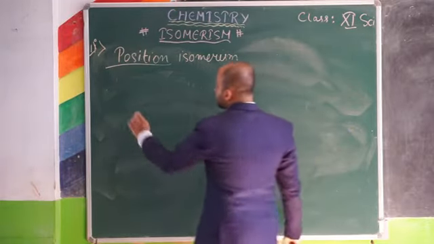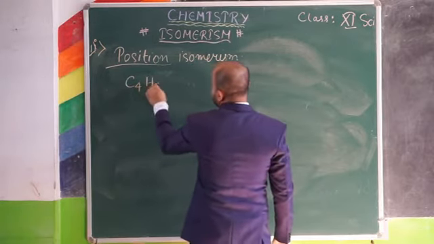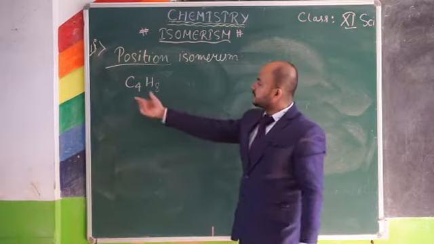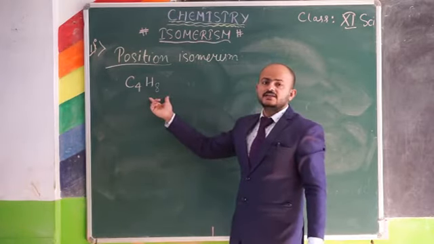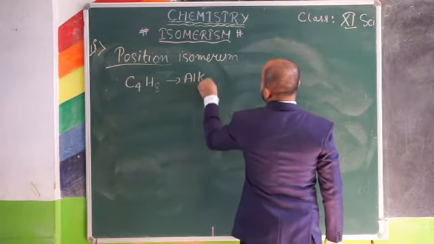So let's take an example. Let's consider the molecular formula C4H8. Now C4H8 is what? C4H8 is an alkene, that means it has a double bond.